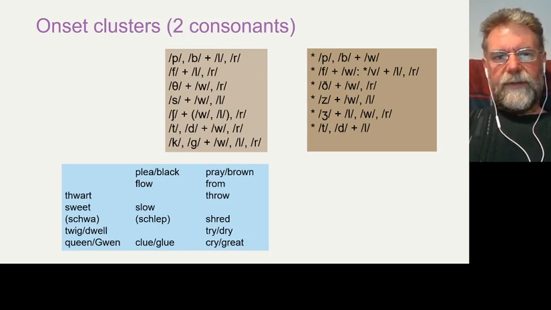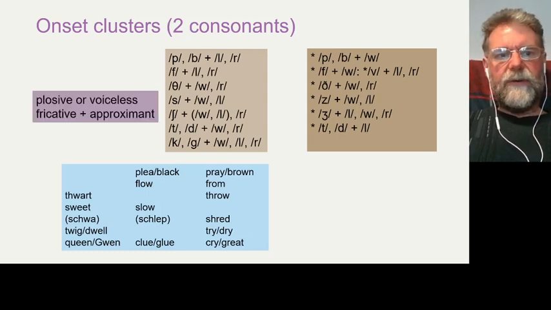So if we have a look at all those combinations, we can see that in general you can have either a plosive or a voiceless fricative in front of an approximant, with certain restrictions.